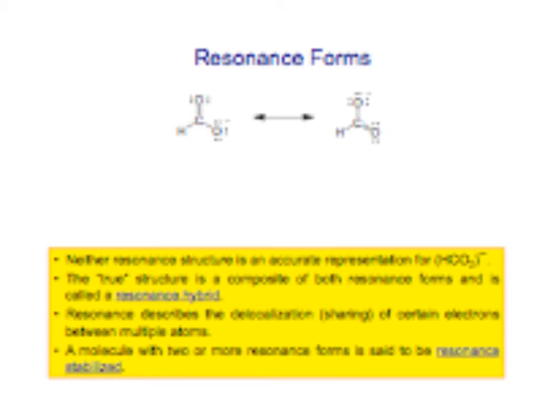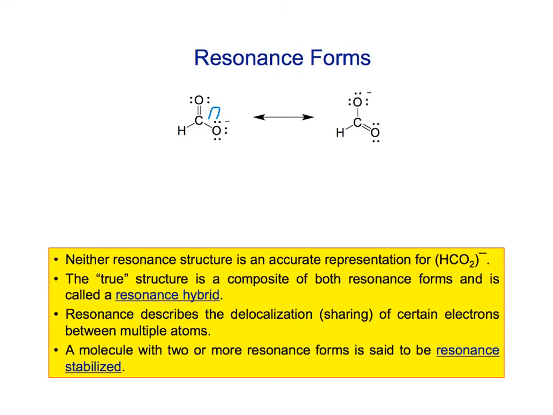If we take a pair of electrons here and we move them down to form the lower double bond, these electrons move up onto the top. That would form the structure on the right. And likewise, we could go backwards if these go down here and these go up here. So in these cases, these arrows are showing the movement of electron pairs.